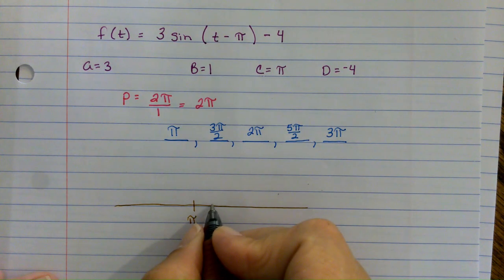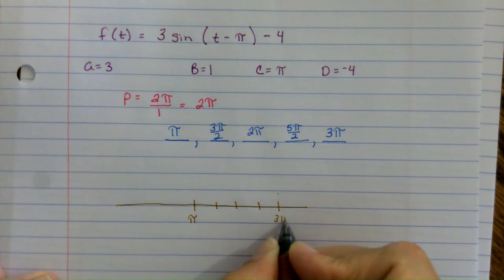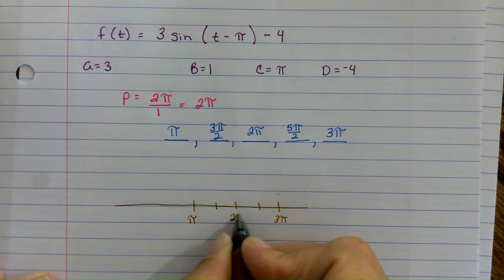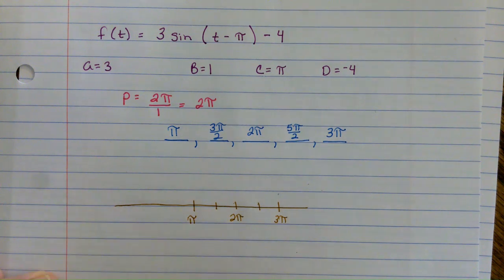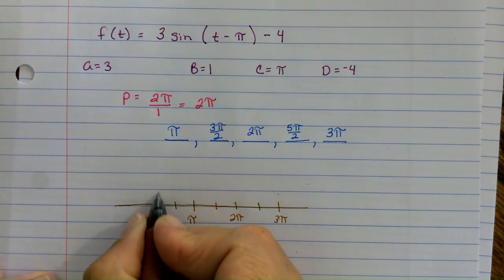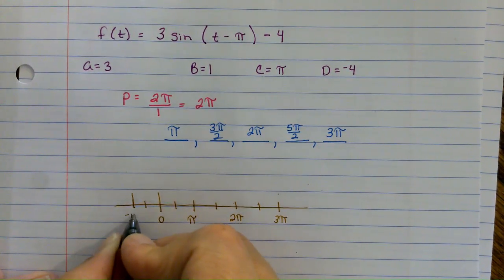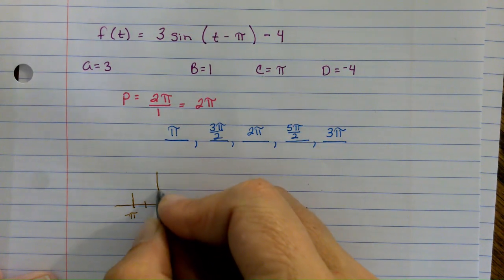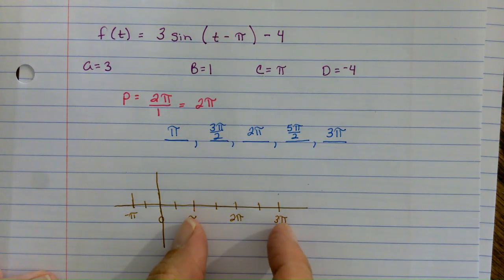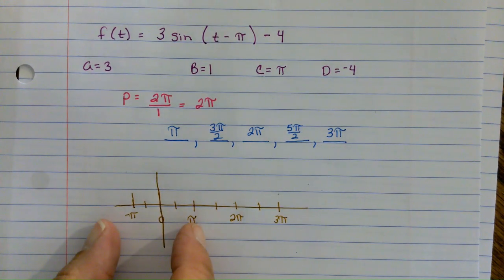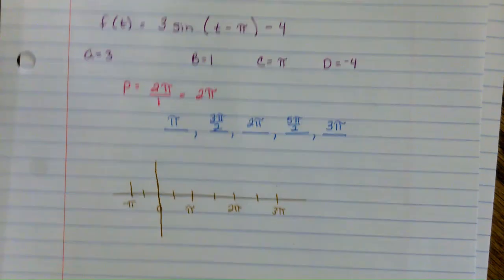One, 2, 4, 5. Okay, so I'm going to back up the truck. Okay, so 1 to 3 is the same distance as negative pi to pi. So I just added some extra stuff on there.